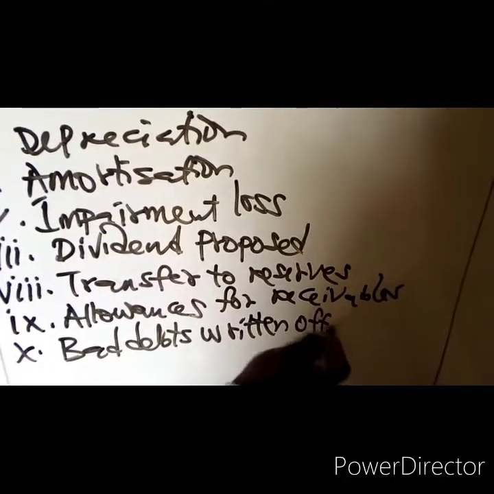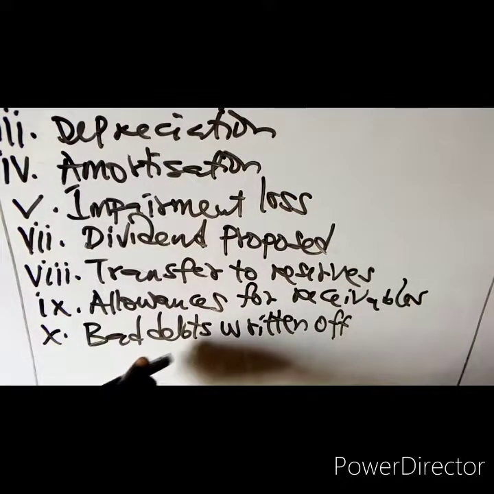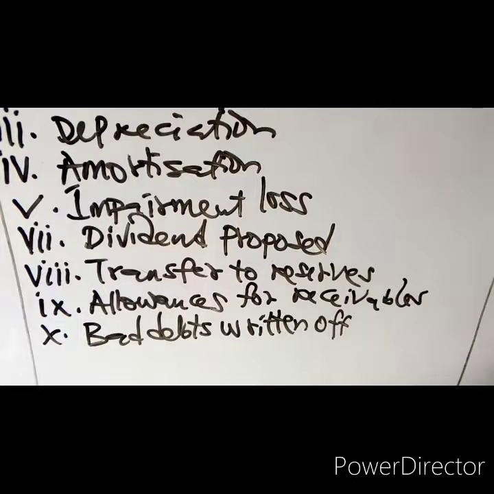Bad debts written off should not be recorded in the cash budget, but bad debts recovered should be recorded when they are received.